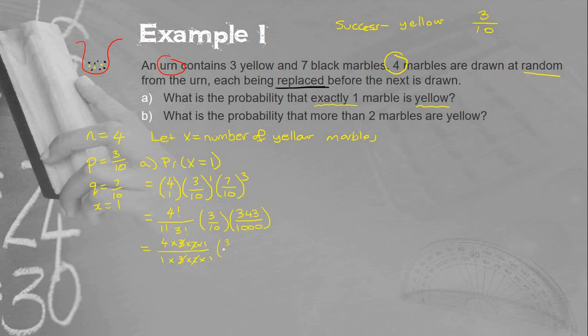I'm still multiplying by 3 times 10. What I've now got, let's cancel our 4. 4 goes into 4 once. 4 goes into 10, 250 times.